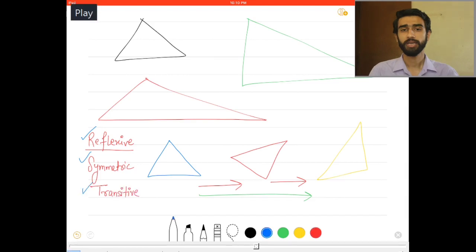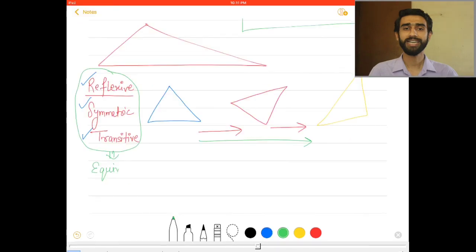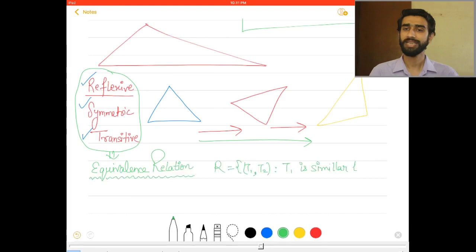So this relation of similarity of two triangles is reflexive, symmetric and transitive, and collectively I can say this is an equivalence relation, and this is what I was supposed to prove. Okay, so I proved this relation is an equivalence relation. Done.